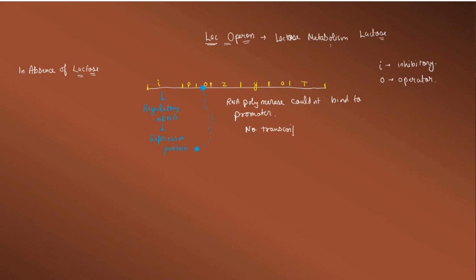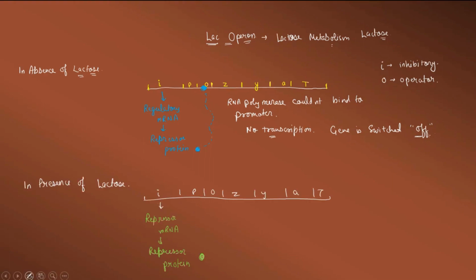Transcription cannot take place. What we learned is that the promoter is the site from where transcription starts, and for that, RNA polymerase must bind to the promoter site. As RNA polymerase cannot bind, transcription will not take place. So no transcription means the gene is switched off, right? Any doubt? No. Okay, cool.